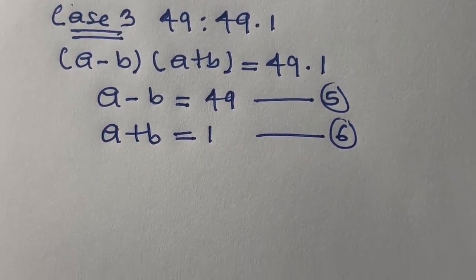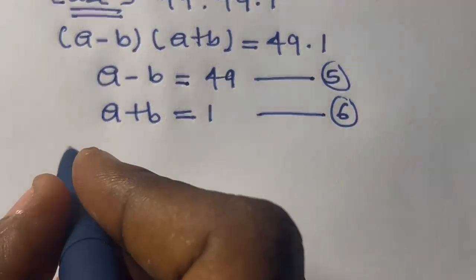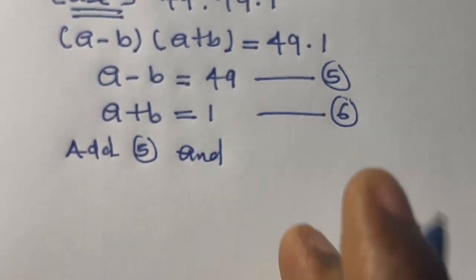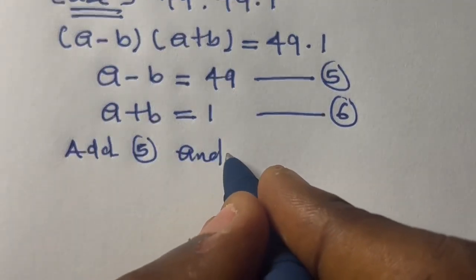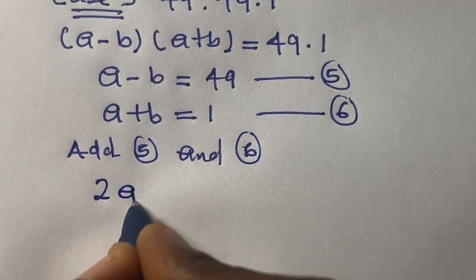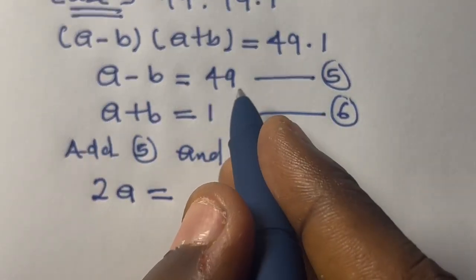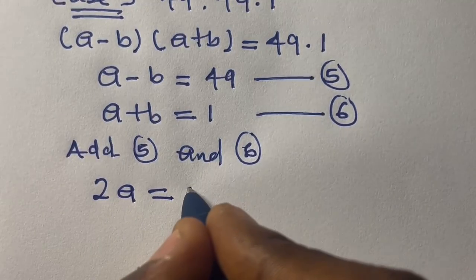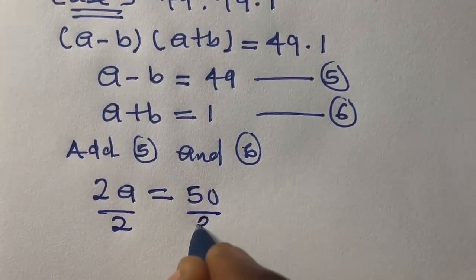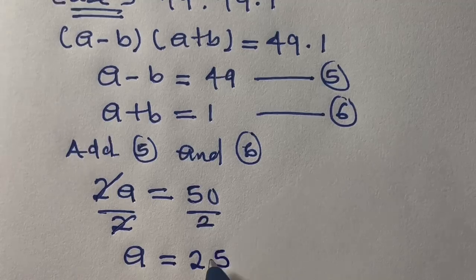From the same approach, we add equation 5 and equation 6. We have a plus a, which gives us 2a, minus b plus b gives us 0, equals 49 plus 1, that is 50. If you divide both sides by 2, we have a equals 25.